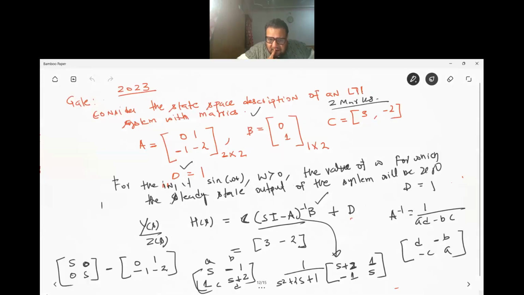The original matrix was S minus 0, very good, 0 minus 1 is 1, and 0 minus 1 plus 1, and S plus 2.